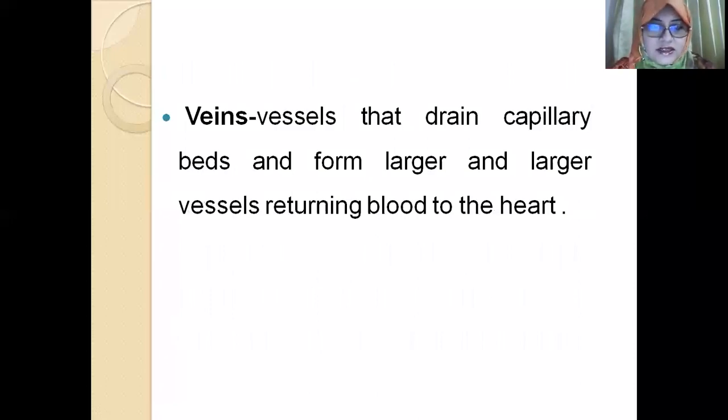Now veins. These are vessels that drain capillary beds and form larger and larger vessels returning blood to the heart. We all know that veins carry deoxygenated blood except the pulmonary vein.